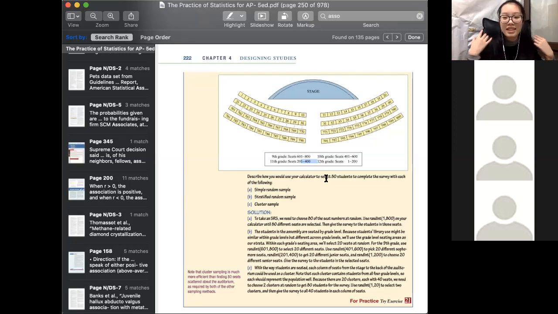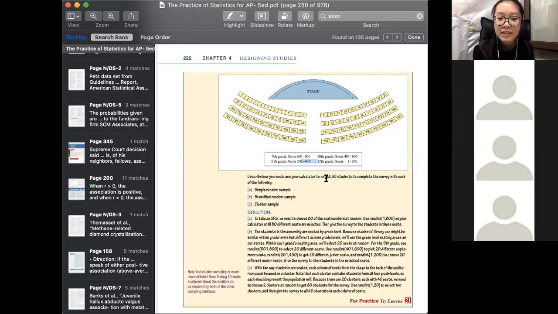So basically, if it's stratified sampling, it's similar within each individual sample, but different between each group.